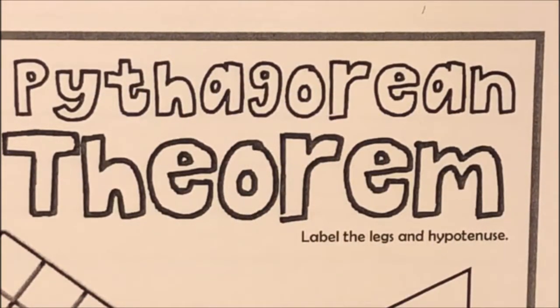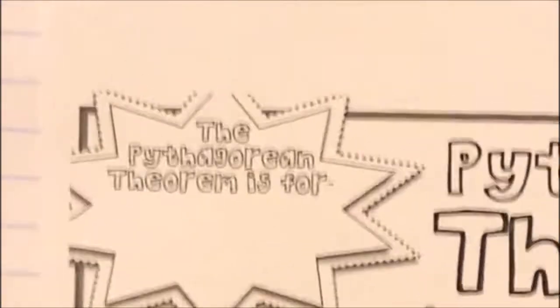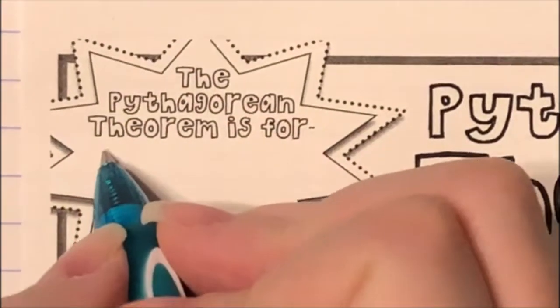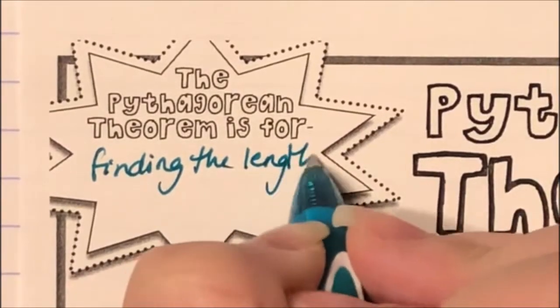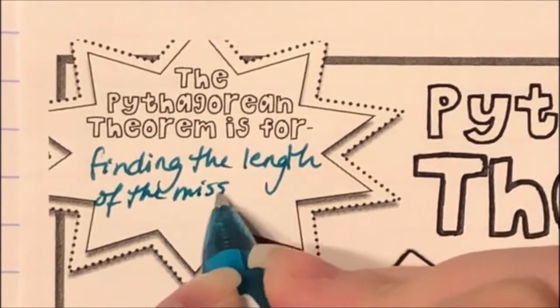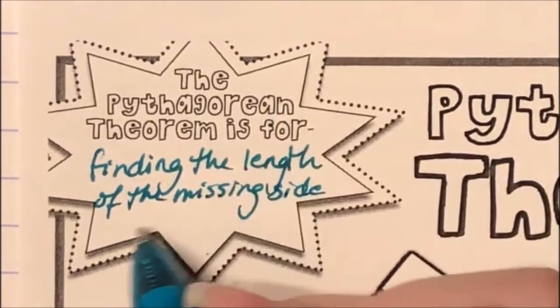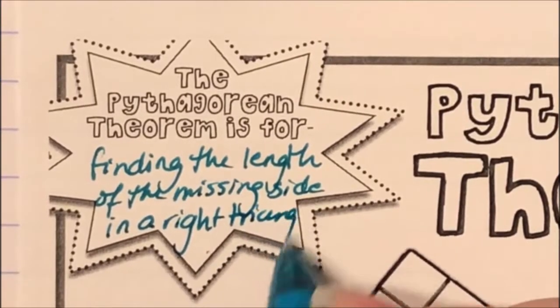This is Chapter 5, Lesson 5, the Pythagorean Theorem. All right, so the Pythagorean Theorem is for finding the length of the missing side in a right triangle.